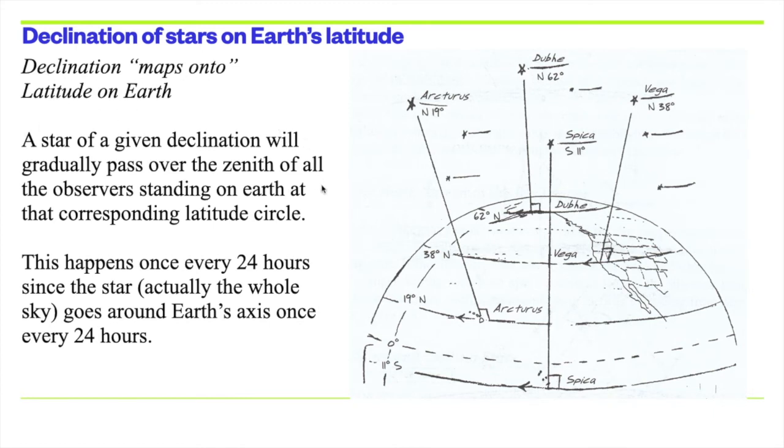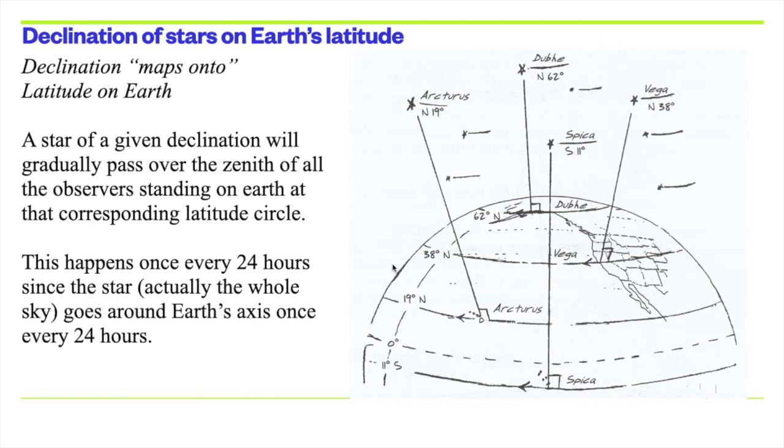An alternative way of stating this is that a star of a given declination will gradually pass over the zenith of all the observers standing on Earth at the corresponding latitude circle. That is, imagine somebody standing on this 19-degree north latitude circle, and this particular star Arcturus is here, at 19-degree north declination. Over the course of one day this star will move like this in the sky.